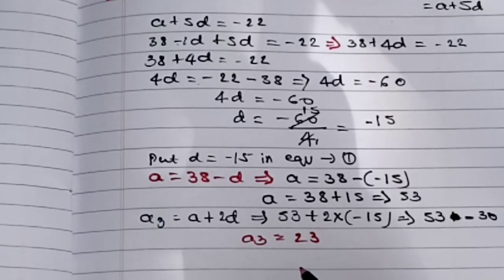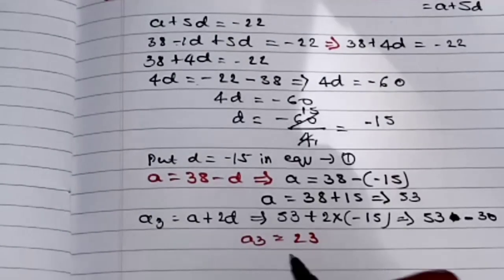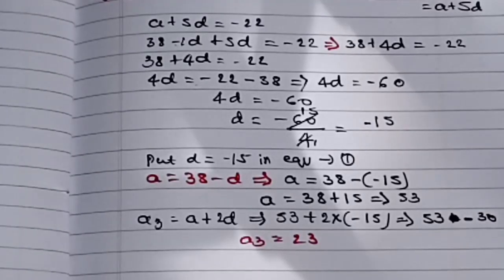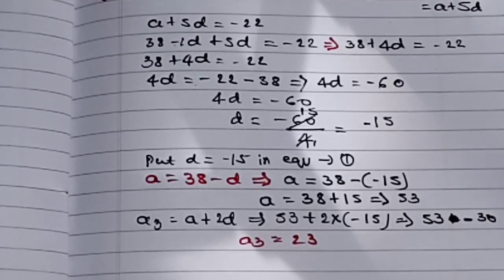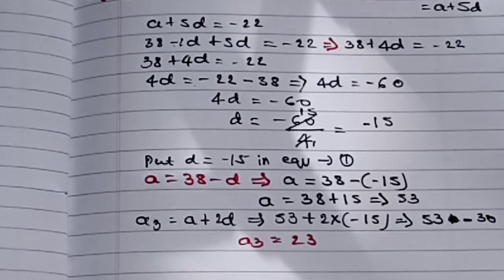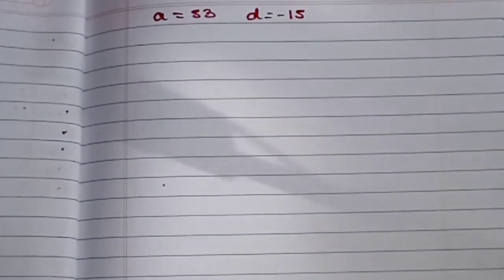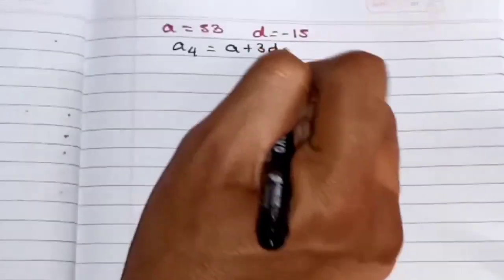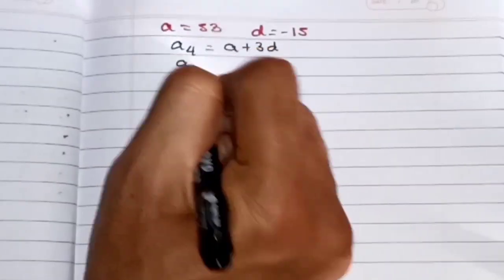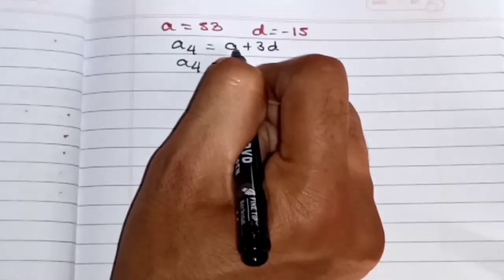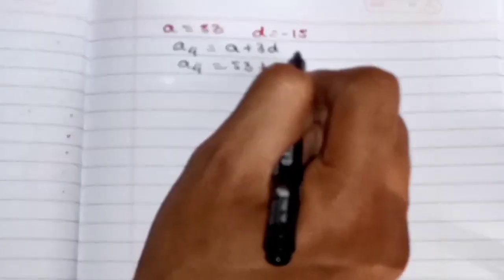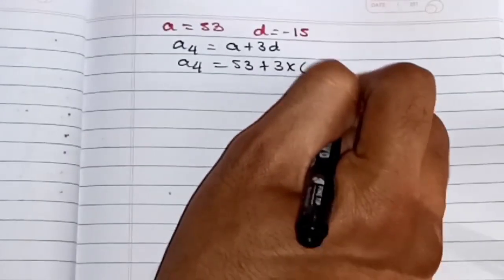Now this is the a third term. Okay, now like this find the a fourth term and also the a fifth term. Now we'll find the a fourth term. So the a fourth term will be a plus 3 into d. So that implies the a fourth term is equal to, the a value is 53 plus 3 into the d value, which is minus 15.